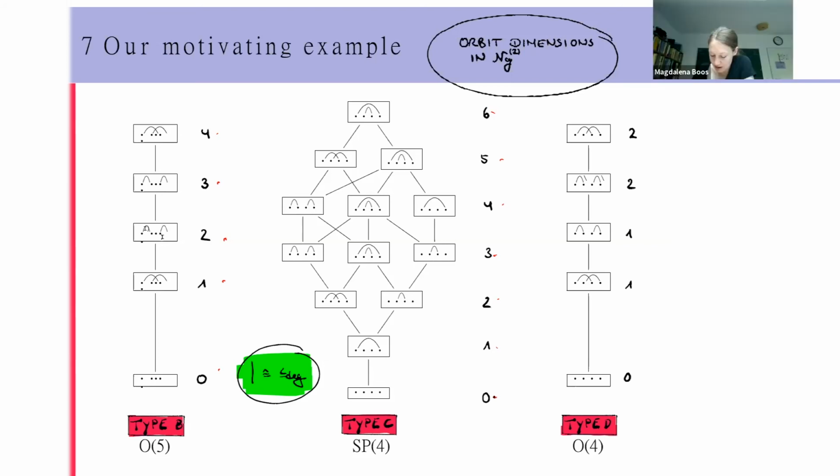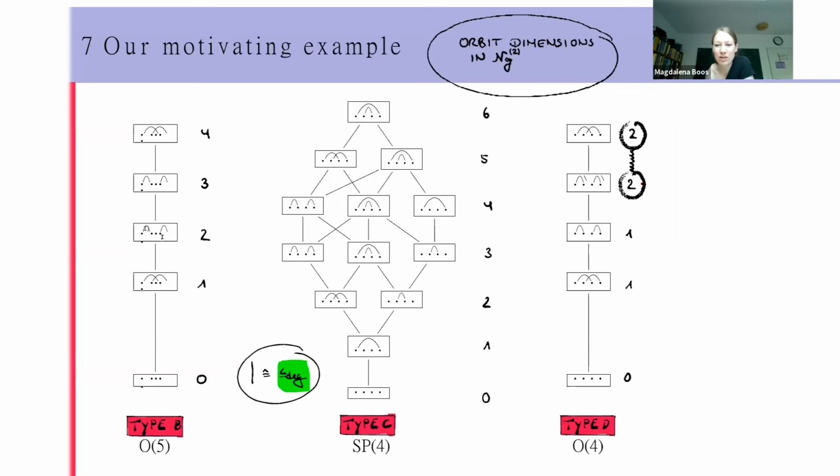Okay, perfect. In type D, we realized, oh, something, we calculated these dimensions around 25 times, but still they're the same. So we see this. They have the same dimension. In type A, they degenerate, but now they have the same dimension in the epsilon variety.